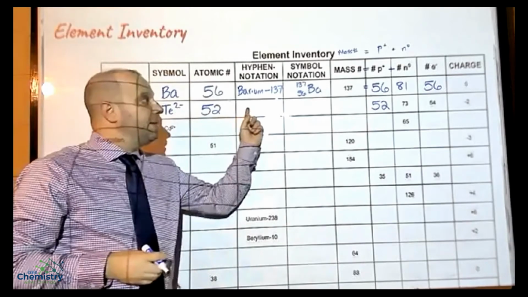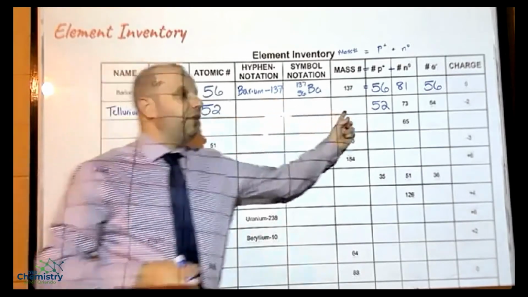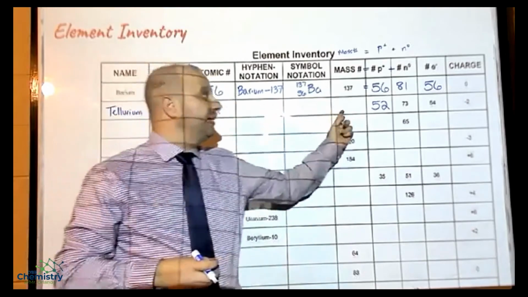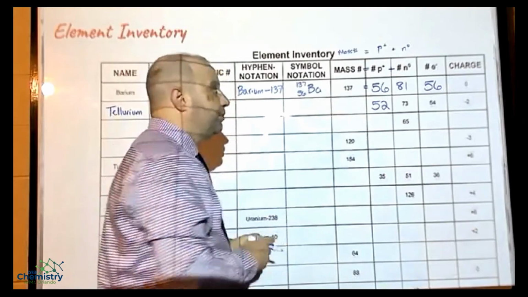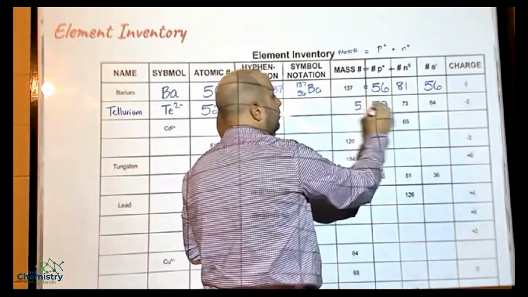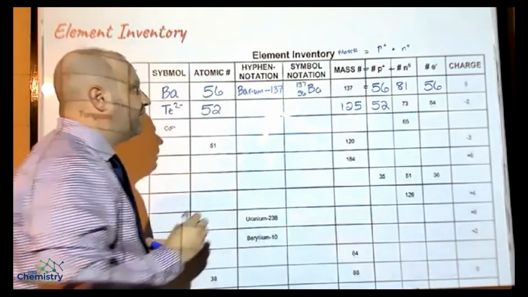The next part, the element name and then hyphen mass number. Well, I don't know what my mass number is yet. So before I figure out this part, I need to figure out what my mass number is going to be. So I have 2 and 3 is 5. 5 and 7 is 12. So I have a mass of 125.